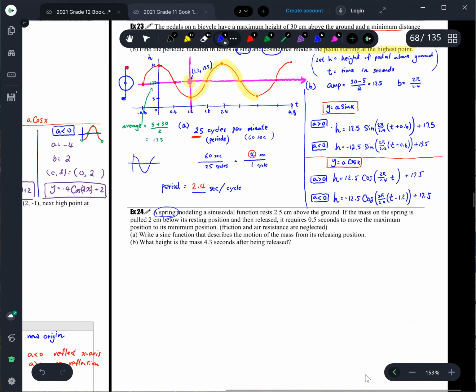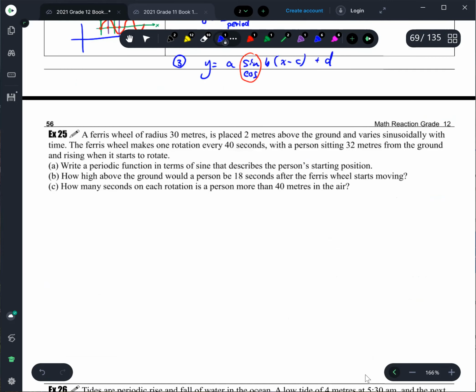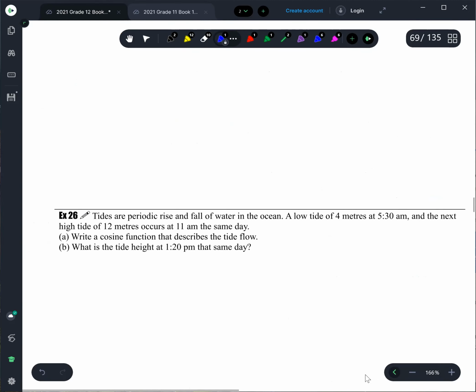Another example is the Ferris wheel. Ferris wheel is kind of like the pedal, goes around in circles. And then another one that's not what they use in science is the rise and fall of the water in the ocean, because the ocean has tides. It's affected by the gravity from the moon.